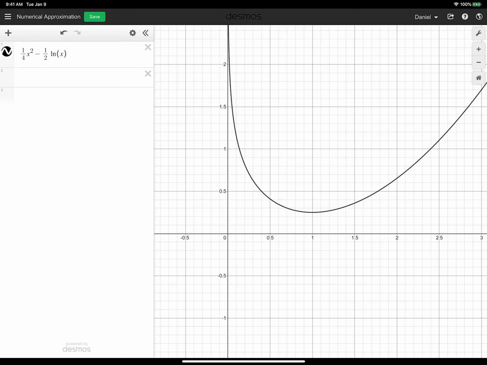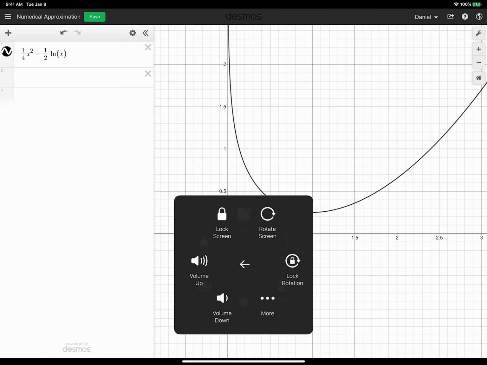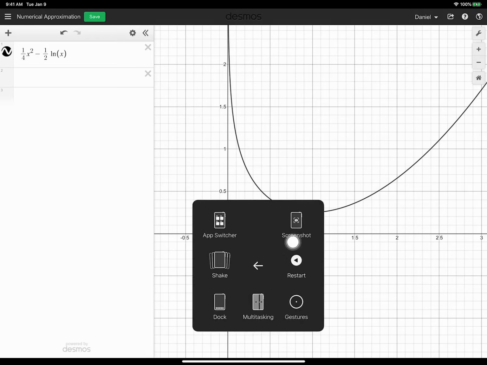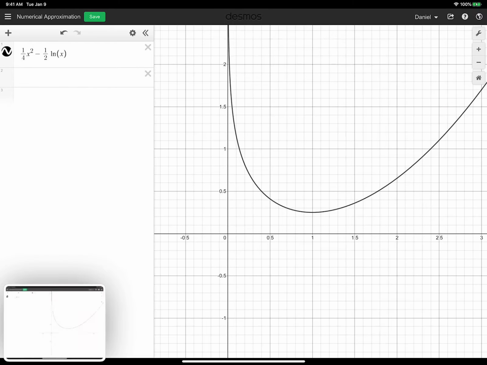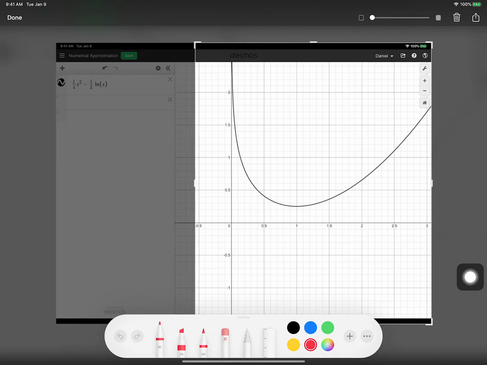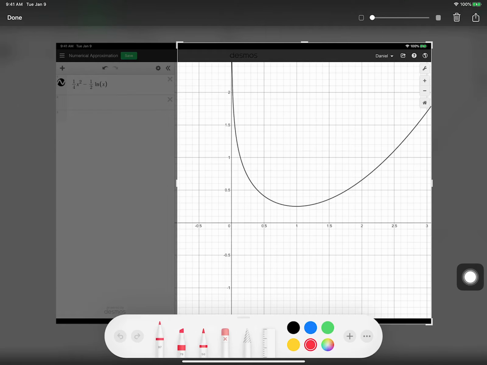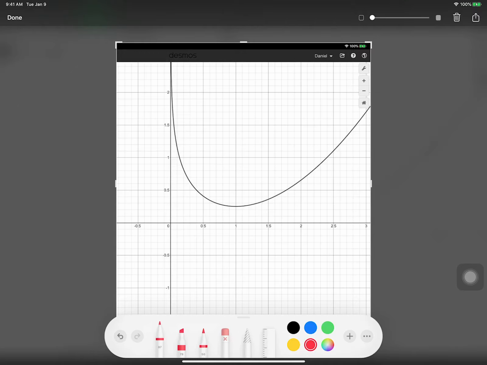So let's see. I think we want to share this. We want to copy this here. So we're going to go to Device, More, get a screenshot. I'm going to edit this here a bit, and to show you, we want to go from the value of x being 1 to 2.